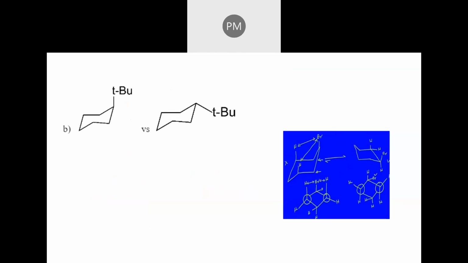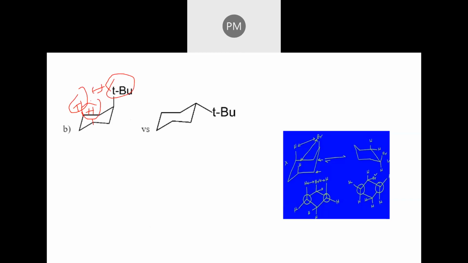Another example is when the tert-butyl group is positioned here. The axial hydrogens will be like that. Tert-butyl is also a very bulky group, so there will be steric crowding between these two.